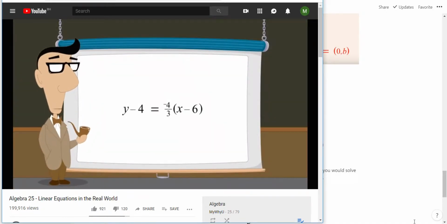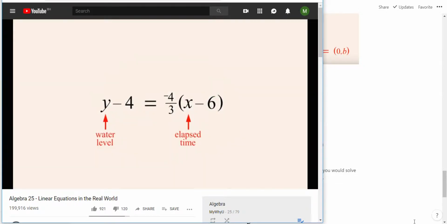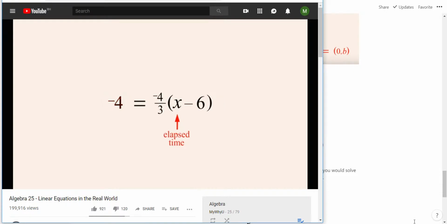If we would like to find out how long it will take for the pool to be empty, we can set the water level y to 0 and solve the equation for x to see what the elapsed time is at that point. We start by setting the value of y to 0, and we can then write 0 minus 4 as -4.